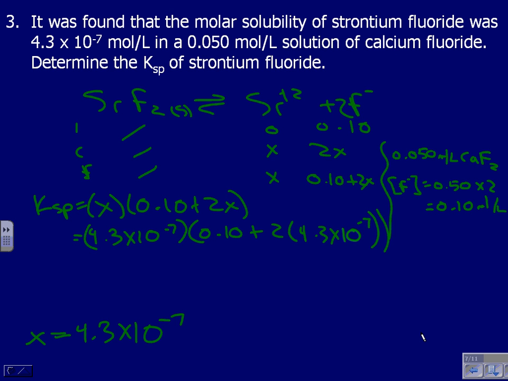Now you might notice here why we use the shortcut. Look at 0.1 plus 2 times 4.3 times 10 to the minus 7. I think that's going to be approximately equal to 0.1, right? Because of that tiny little x. You can run it through your calculator. Go for it. Do exactly what it says. But that right bracket is going to end up being 0.1.